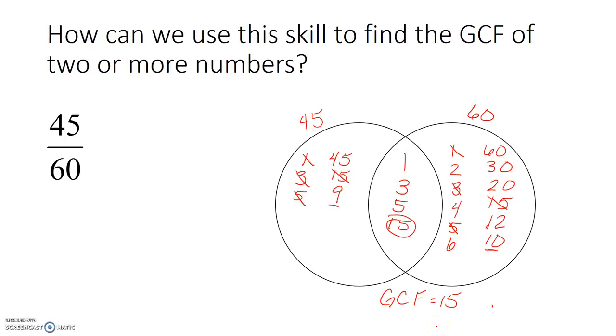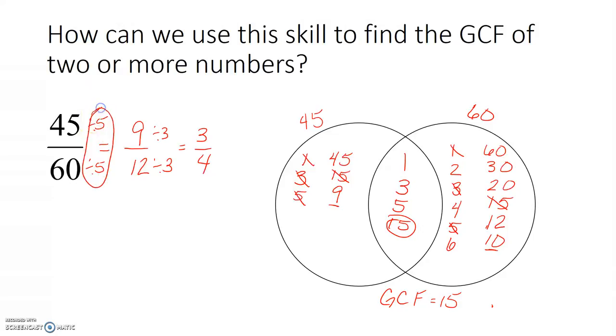So let's see how we can get that from simplifying our fraction. Let's simplify, again, 45/60. We started by dividing by 5, the numerator and the denominator, which gave us 9/12. And then we divided again by 3, which gave us 3/4. Once I have my fraction in simplest form, I'm going to look back at what I did.